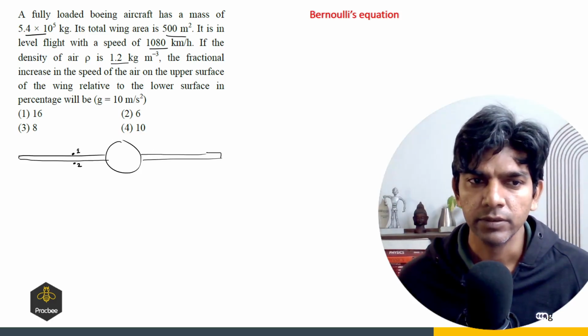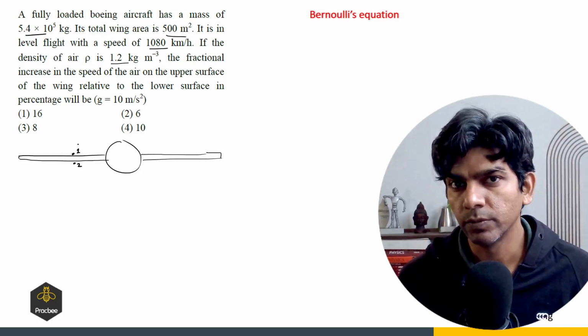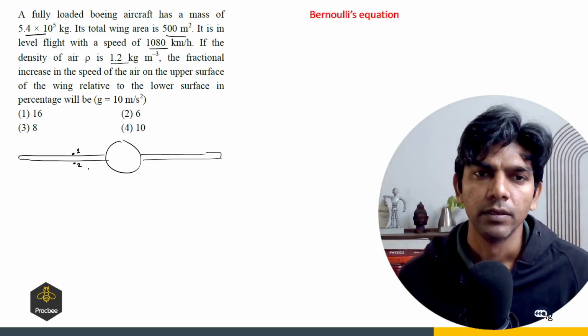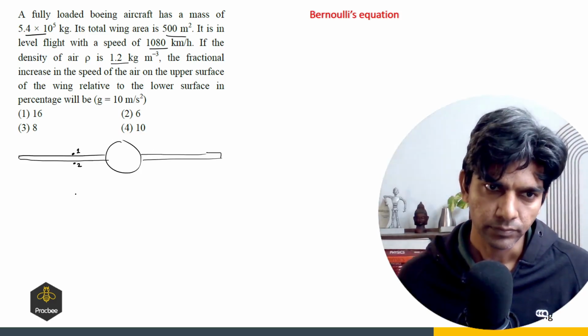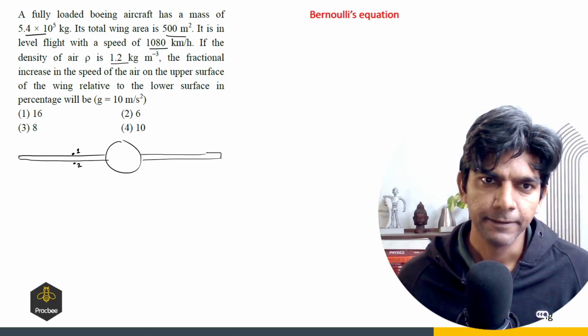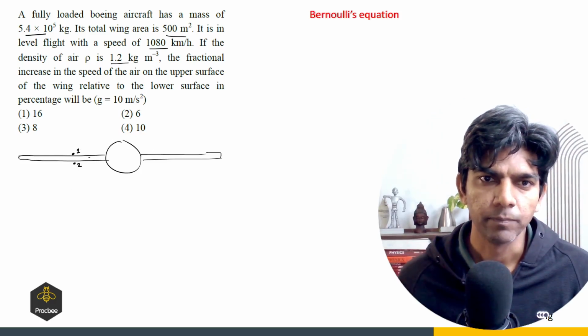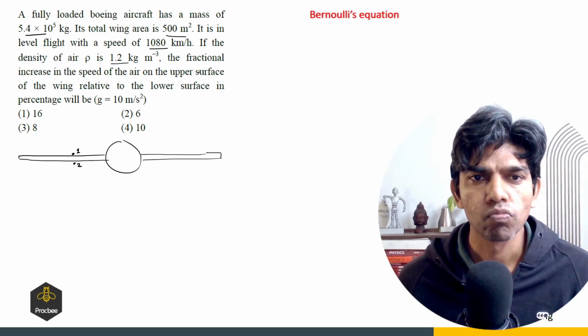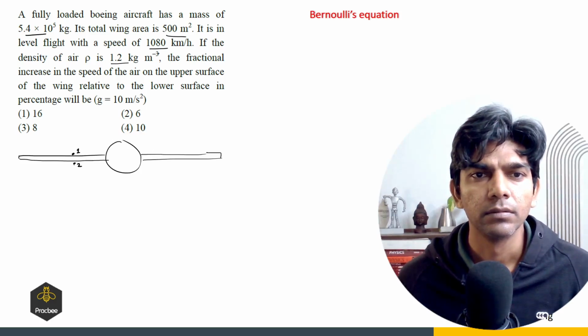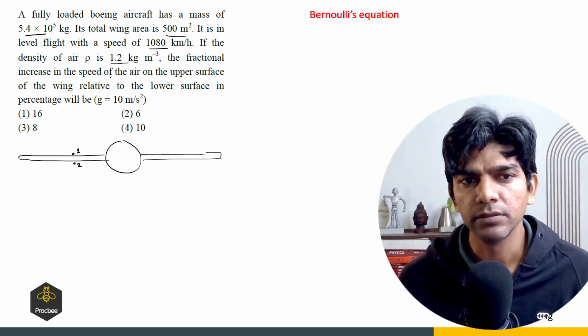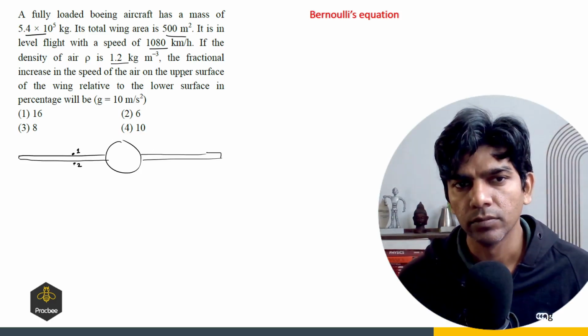Only in that case, if velocity at 1 is greater, then pressure at 1 becomes lesser than the pressure at 2. So and density is given. Let us say velocity, and we have to find the fractional increase in the speed of the air on the upper and the lower.